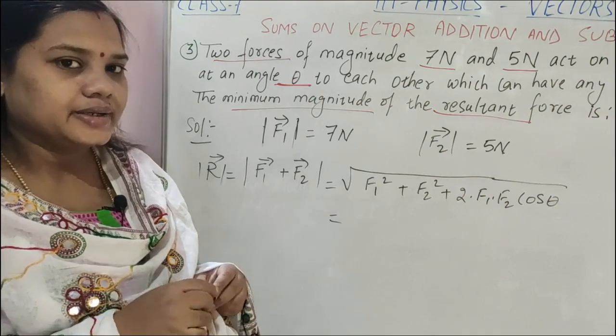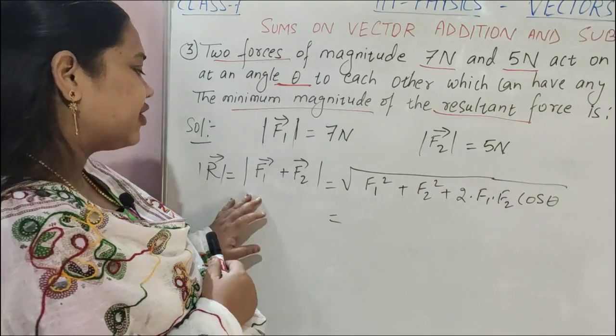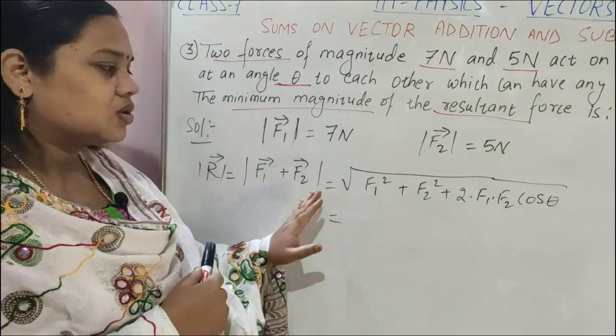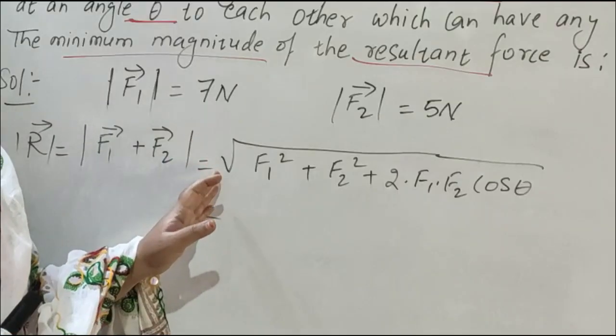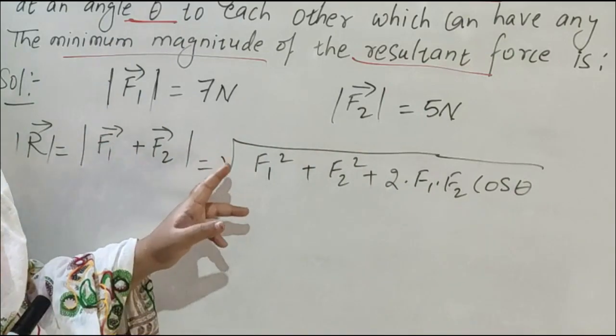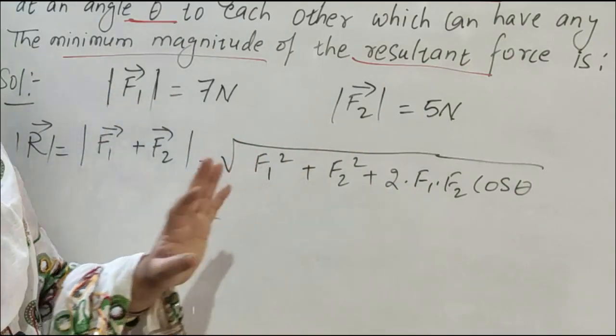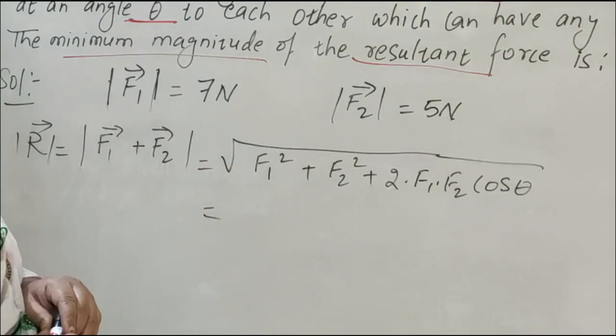I already explained: when you add two vectors, F1 vector plus F2 vector is equal to the square root of a square plus b square plus 2ab cos theta. So here the vectors are forces: F1 square plus F2 square plus 2 F1 F2 cos theta.